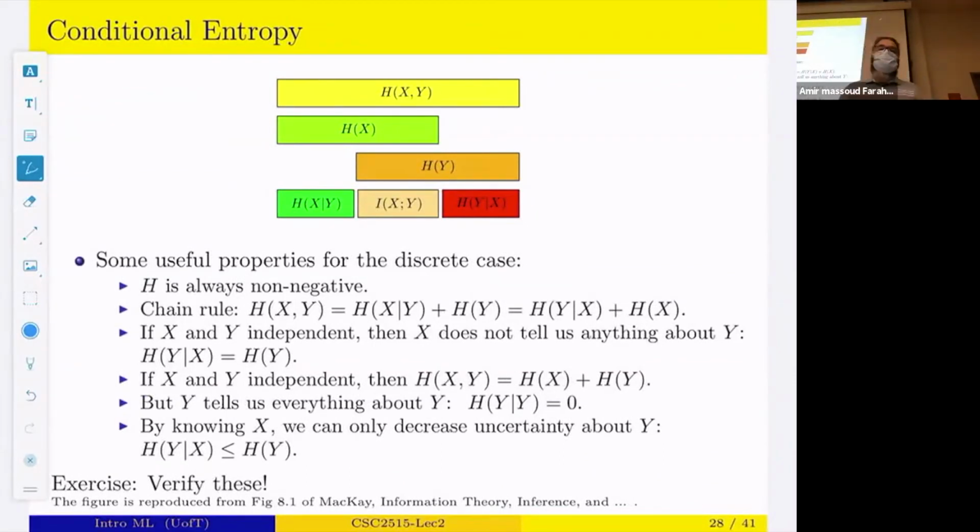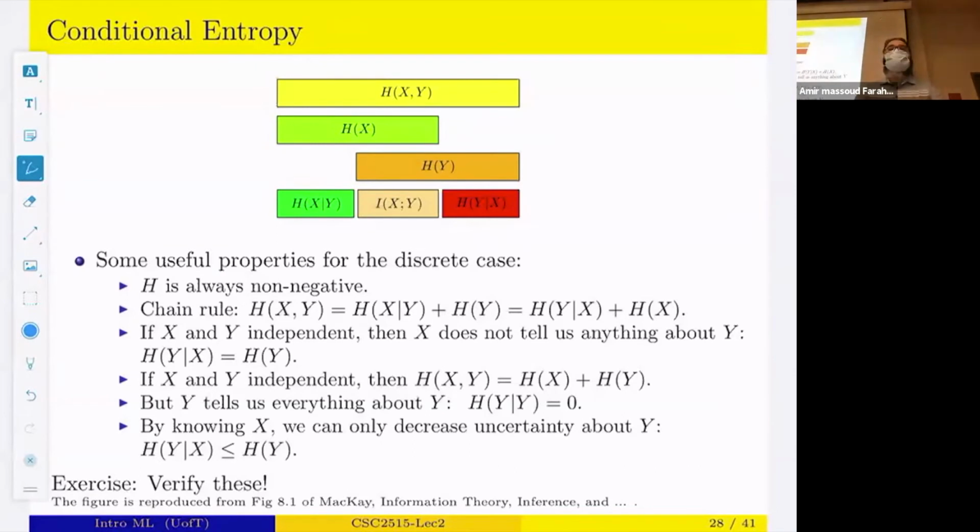So there are some useful properties. Entropy has some useful properties that are good to know. One is that entropy is always non-negative. The minimum value that it may take is 0, which is when there is no uncertainty about that random variable.